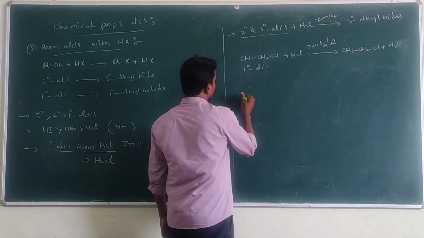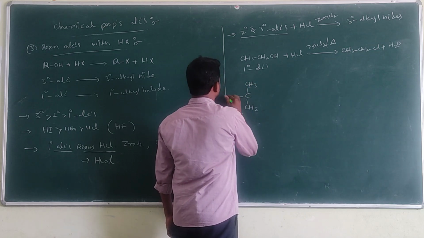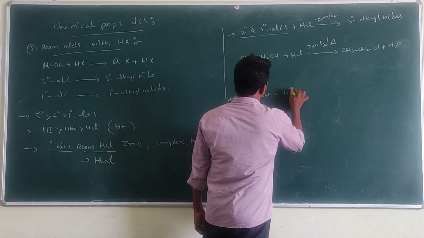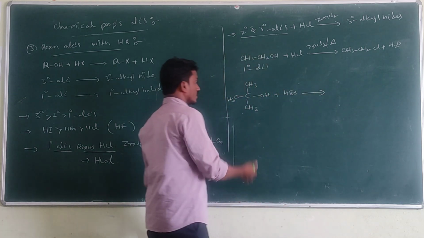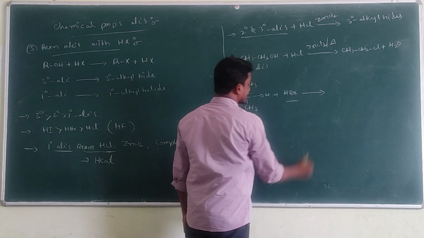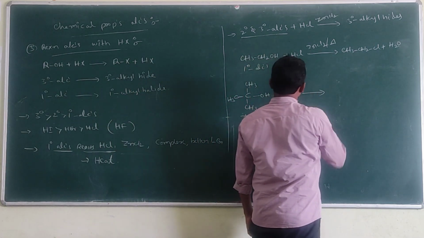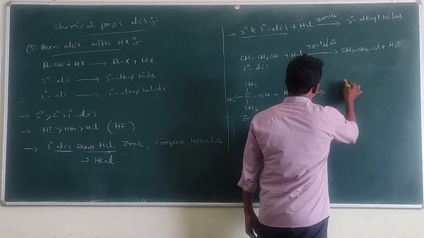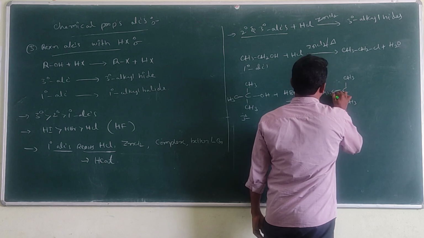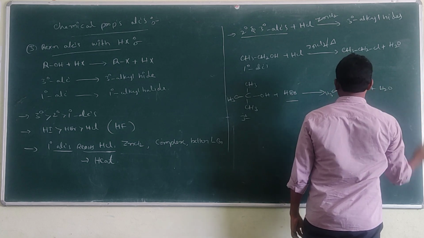If I take tertiary alcohol and react it with hydrogen bromide, the reactivity of the tertiary alcohol is high and that of hydrogen bromide is also high, so the reaction takes place without ZnCl2. It will give tertiary alkyl bromide and water.